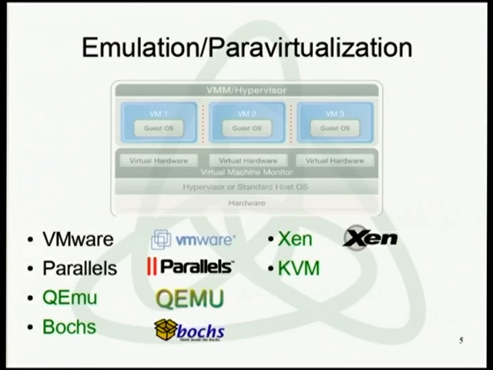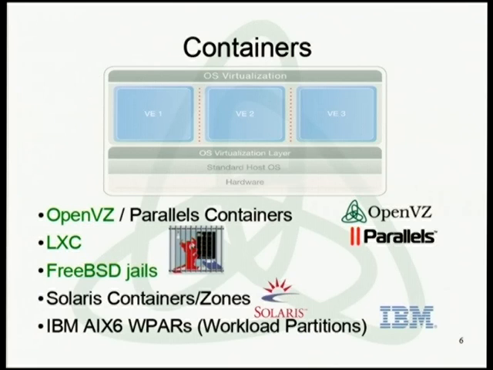So this is what Xen, KVM, VMware, and other guys do. As opposed to that, what we do is we modify the operating system kernel, in our case the Linux kernel, to provide multiple instances of the user space, which we call containers.